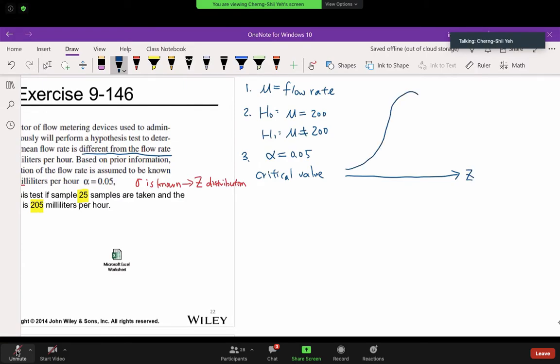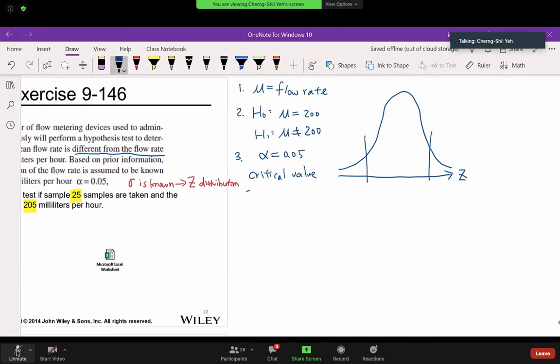We also know this is a two-sided hypothesis testing, so I have 2 critical values. Alpha is 0.05. I'm going to skip a step. My 2 critical values are plus minus 1.96. If you wonder why, go back to our very first example. So this is negative 1.96. This is positive 1.96.